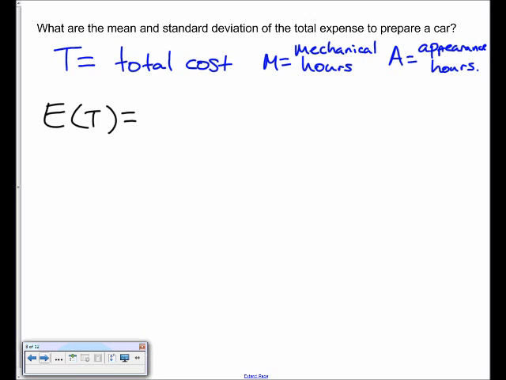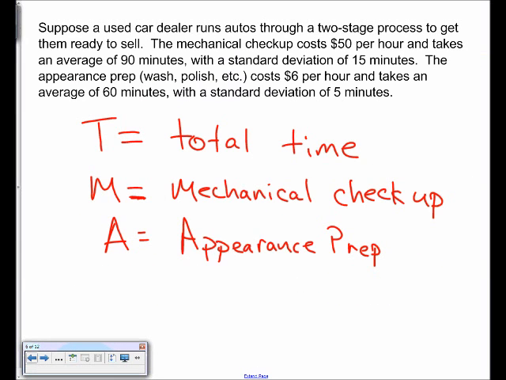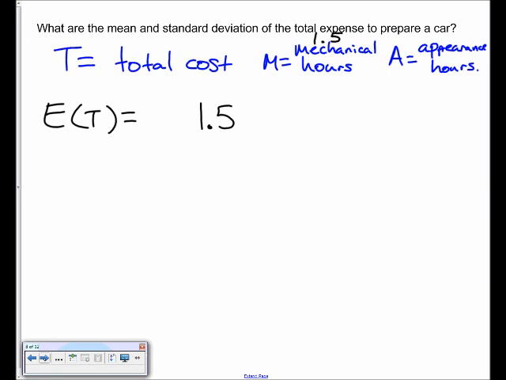So that's the mechanical in hours, 1.5. And then for the appearance, it says the average time it takes is 60 minutes. So I'm going to say that that is 1 hour, so plus 1.0 hours.